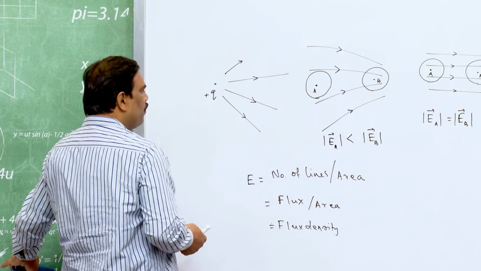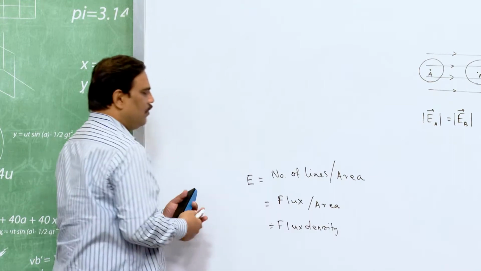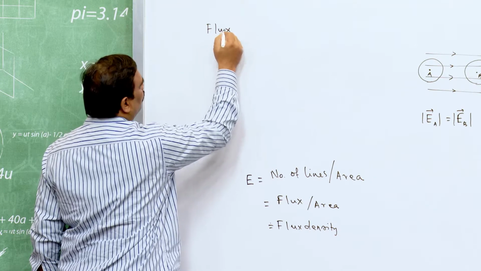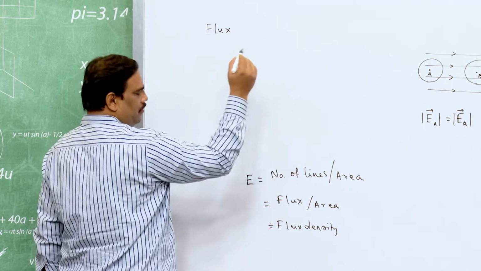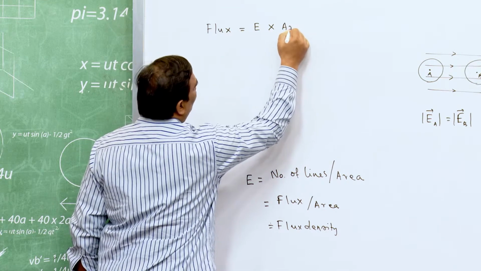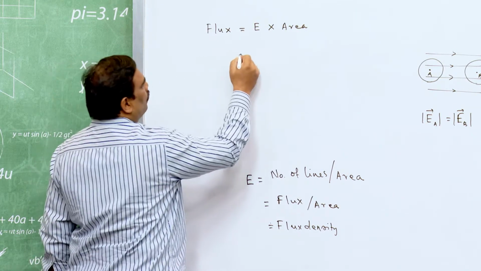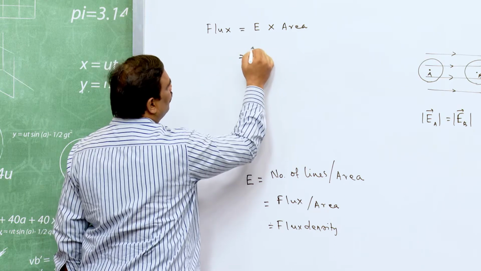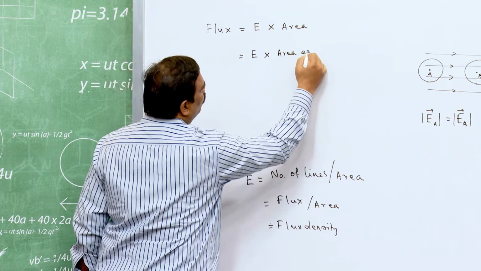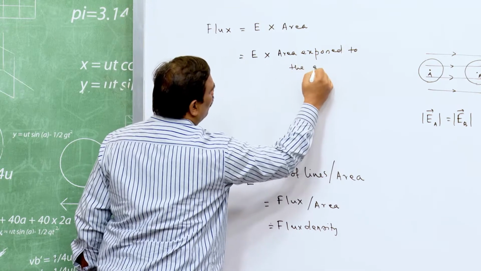So, summarizing the entire discussion, what we get is that the flux of electric field due to a charge is E into area. We can write it as electric field into area exposed to the electric field.